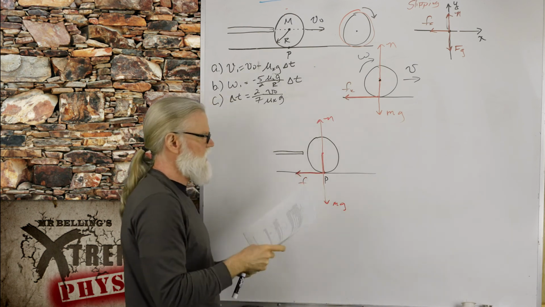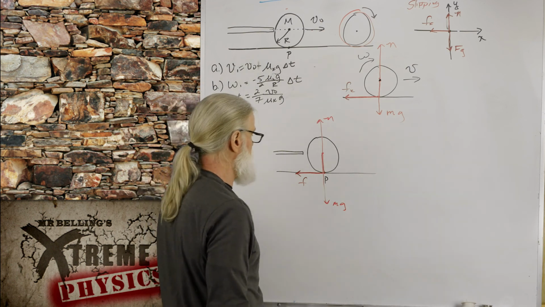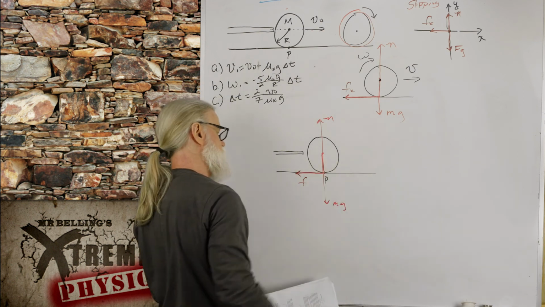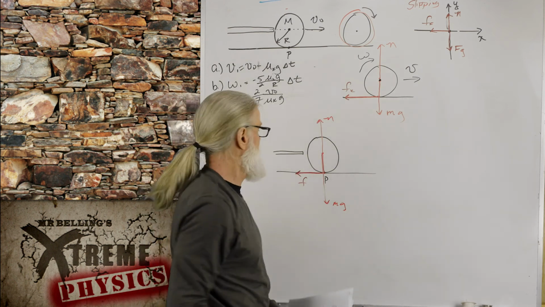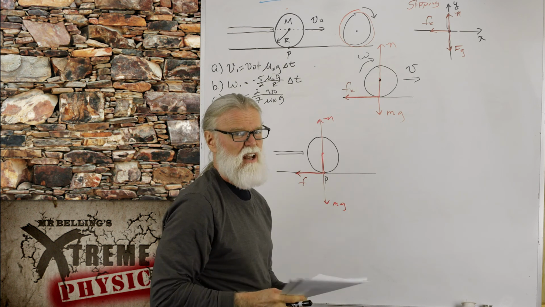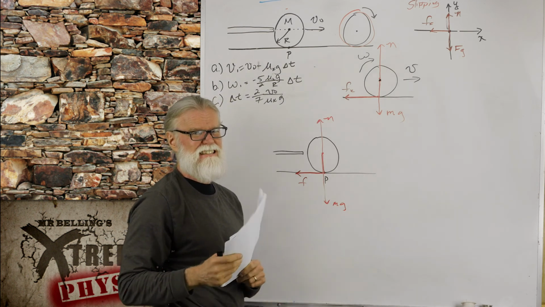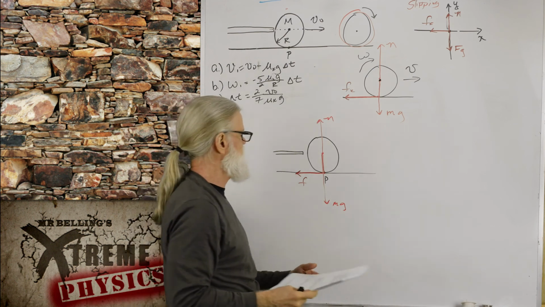Well, we can see that about point P, there's no net torque. There's no net torque about point P because friction goes through point P. And so does the normal force and so does the weight. There is no net torque about P, so there's no net torque. So angular momentum is conserved. There needs to be a net torque to change the angular momentum.